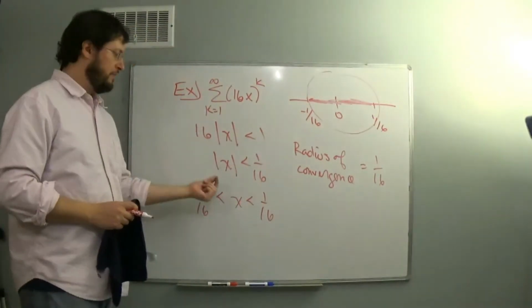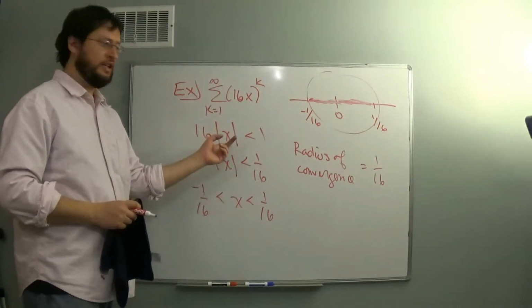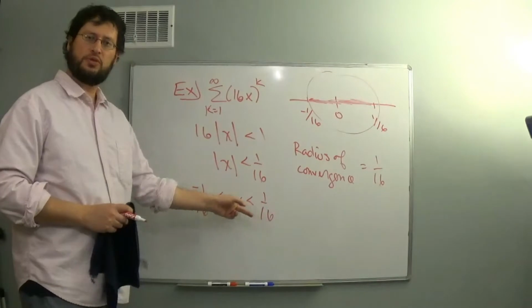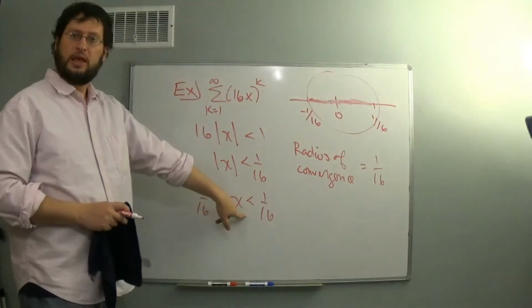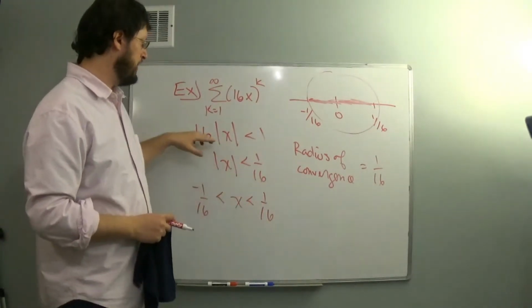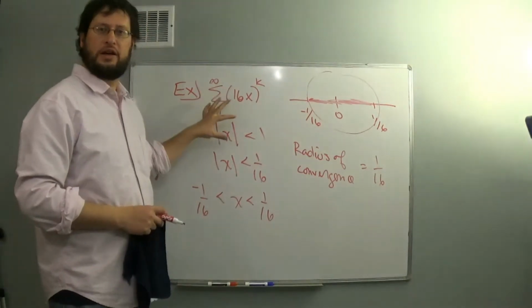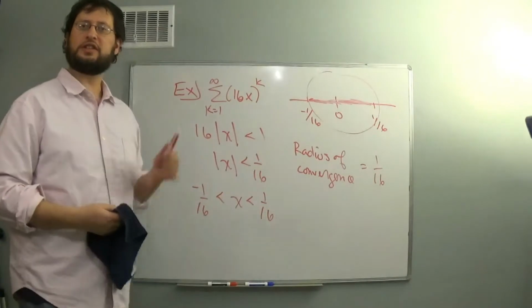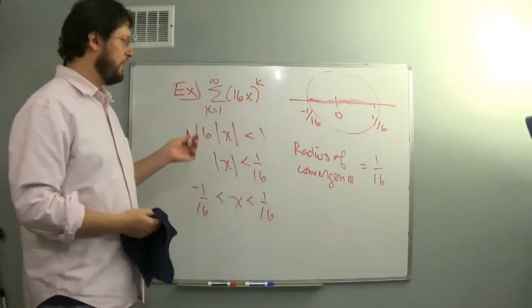Now that's fine, but if x is actually equal to 1/16, not less than or equal to, these are less than symbols, because if x is equal to 1/16, then we end up getting 1 here. And remember that the ratio test doesn't give us any information if the limit is 1.